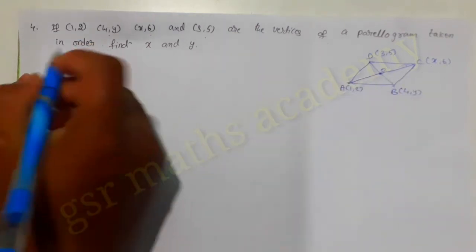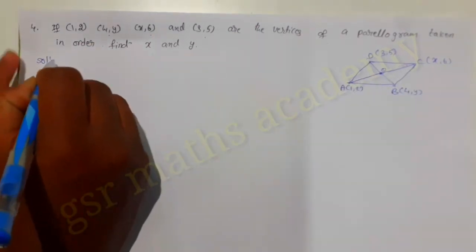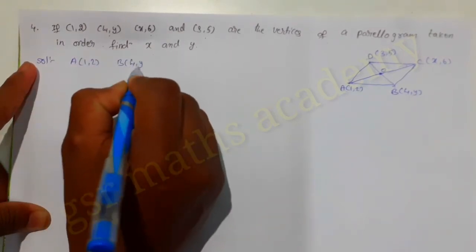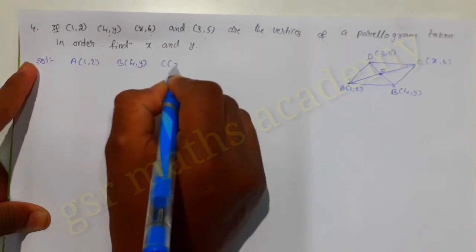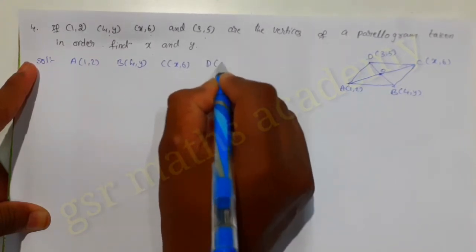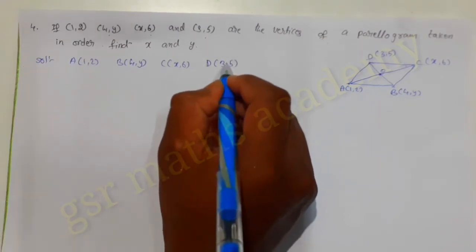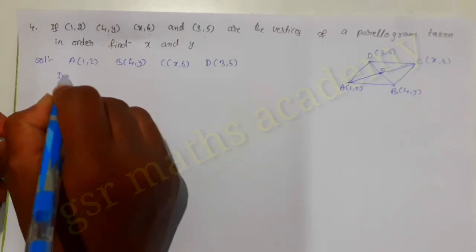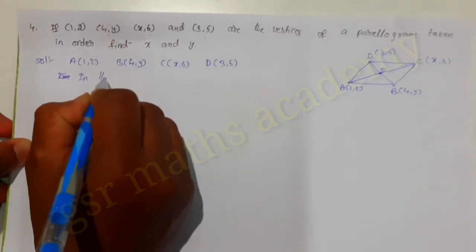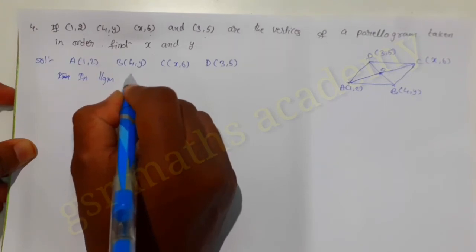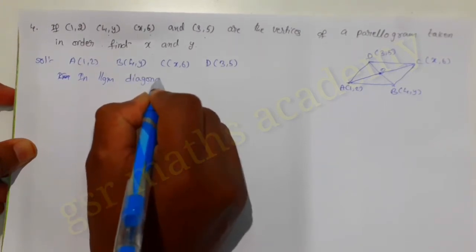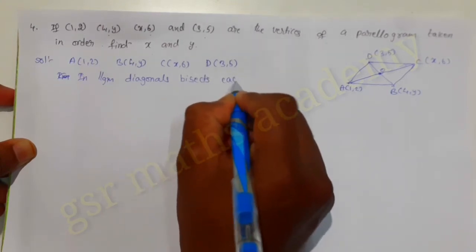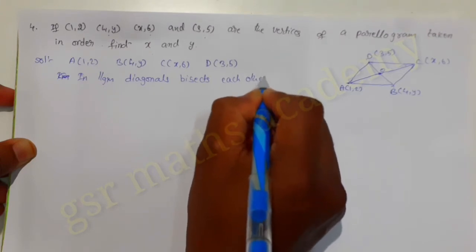Let us suppose A is (1, 2), B is (4, y), C is (x, 6), and D is (3, 5). The property we are going to make use of is that in a parallelogram the diagonals bisect each other.